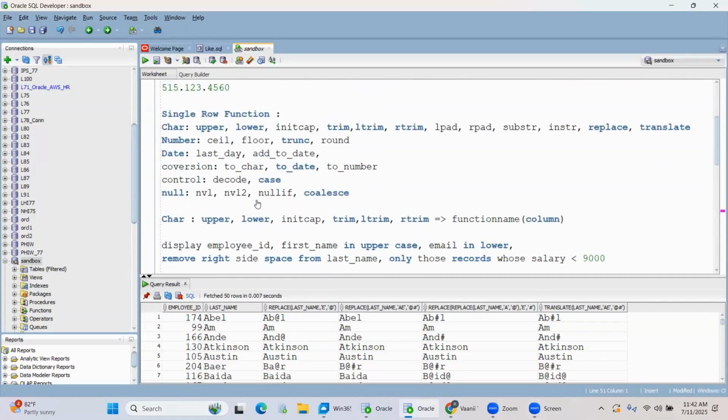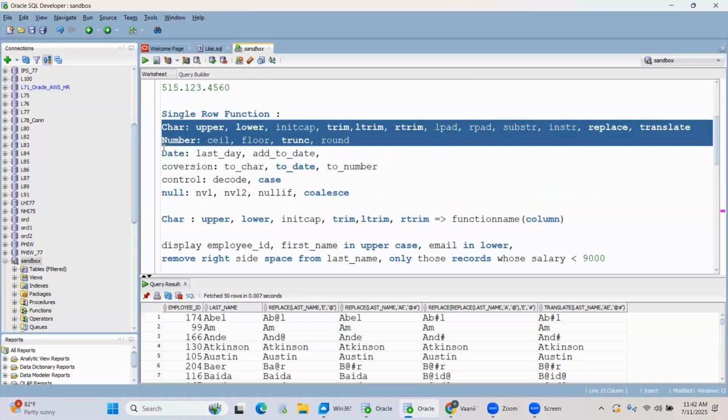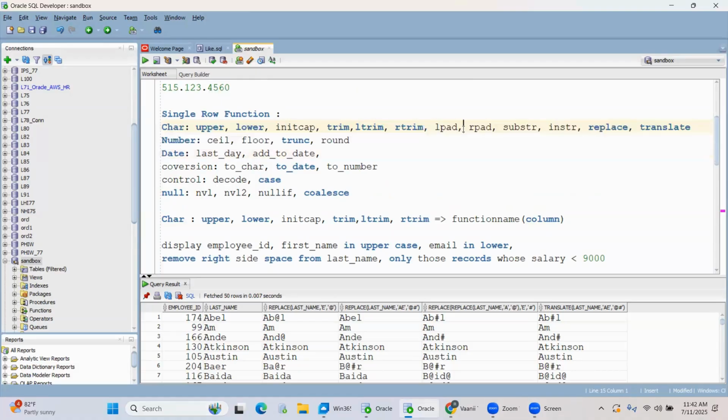Yesterday, just to recap quickly, we have finished the CAD function, almost all except LPAD and RPAD, and I'm pretty sure you might have gone through these topics, right? Let's see some of the ceil and floor function examples.